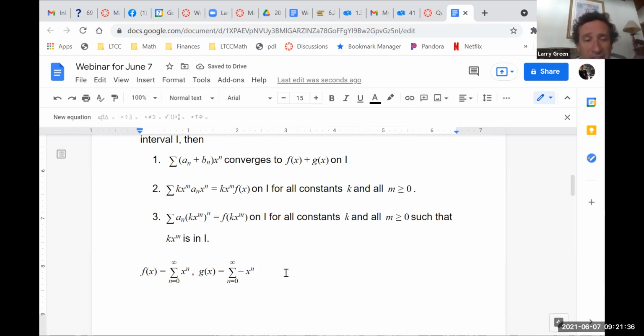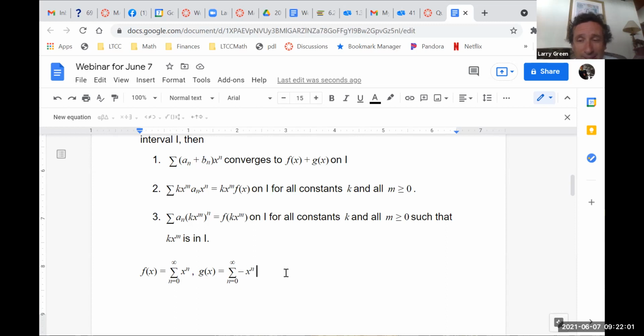What's the interval of convergence of g?